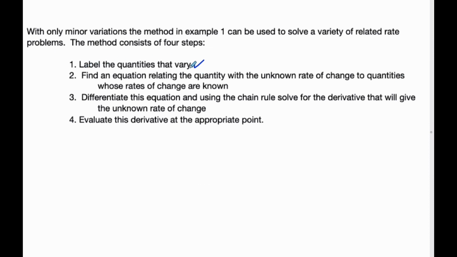We think very carefully about what we have and what we want to know. We find an equation that relates the quantities of the unknown rate, which in the previous example was area, with the quantities that we knew, which was r. Then we differentiated this equation using the chain rule, and we solved for the derivative of the unknown rate of change. And then we evaluated the derivative as needed. And that is the key to related rates.